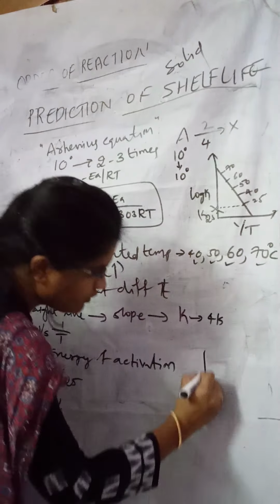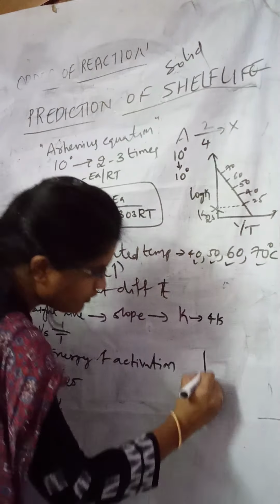So here what you have to do is take a graph with the reciprocal of temperature on the x-axis and log percentage remaining on the y-axis. As the temperature increases, you plot the graph.